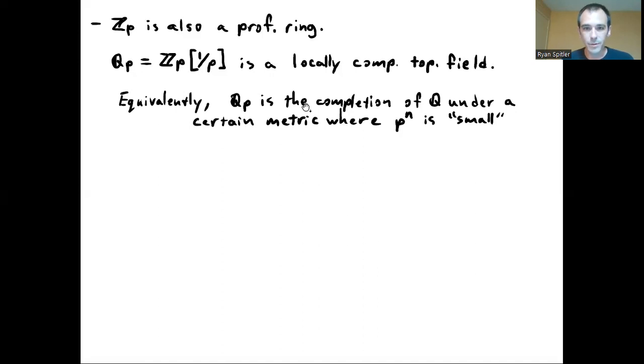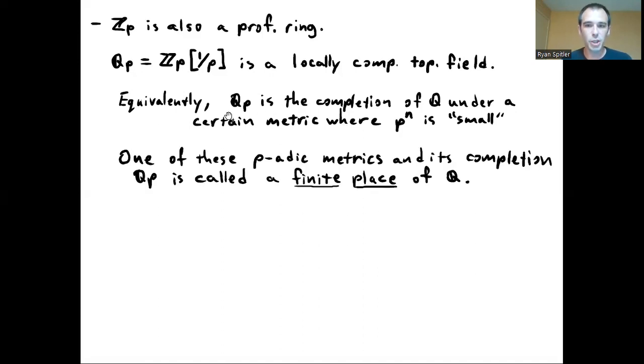But what's important for us here is that this Q_p is involved in the definition of a place. So if you take a particular p-adic metric on Q and think about the completion of Q with respect to this metric, that can be called a finite place of Q. These metrics are also related to valuations on the field, as well as the completion.